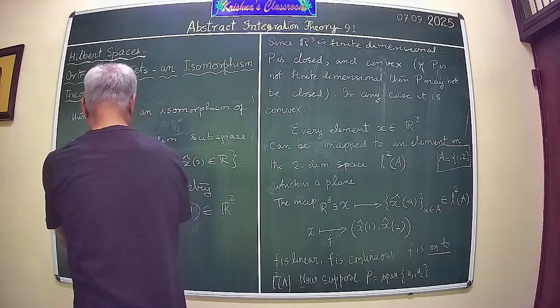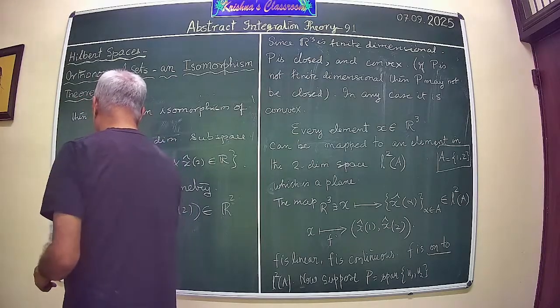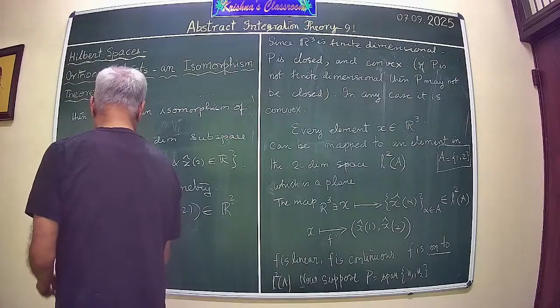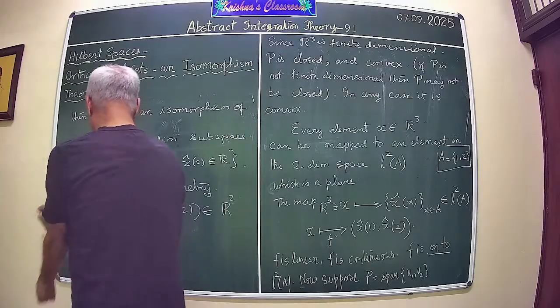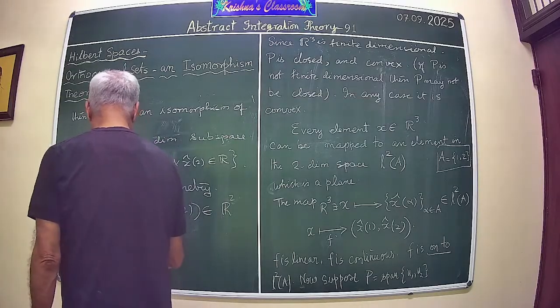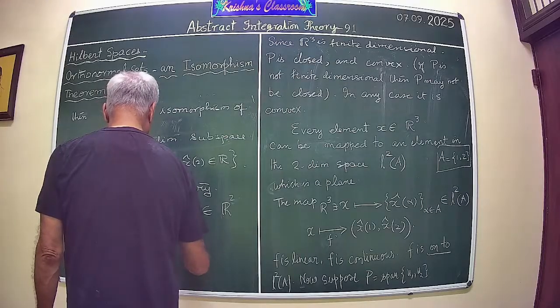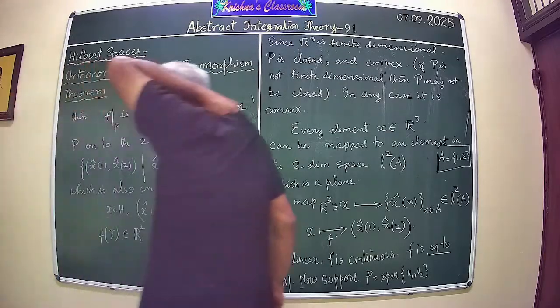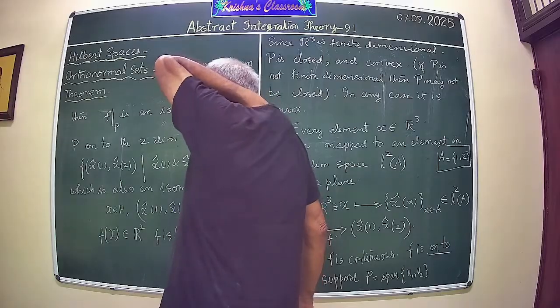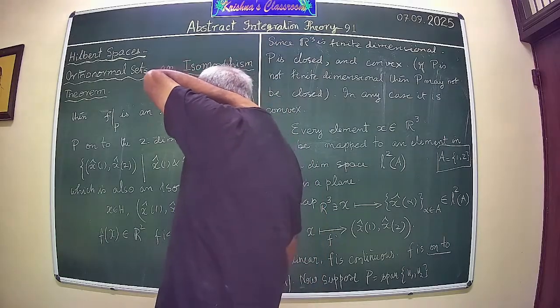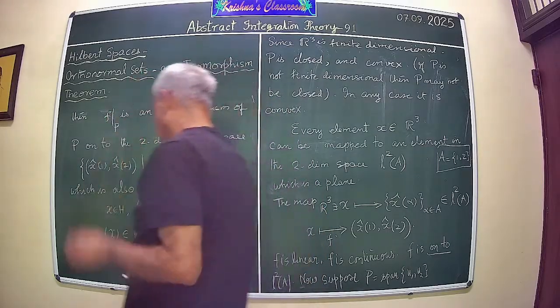You see, you have a map f of x belonging to R2. F is linear, continuous, and onto.